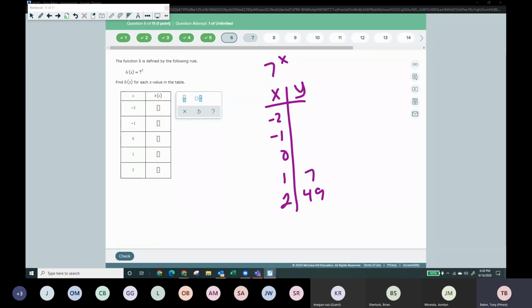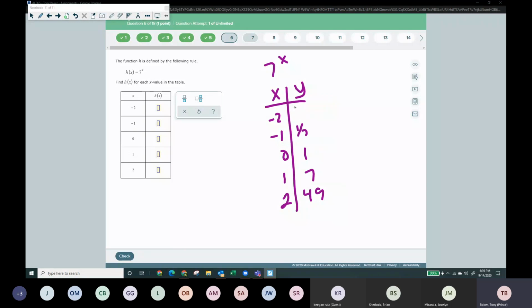What's 7 to the 0 power? Anybody? 1. Very good. 7 to the 0 power is 1. Anything to the 0 power is always 1. Do not put 0. Now, when we get to the negative ones, if you notice, we're dividing. So the negative ones are not negative values. They're fractions.